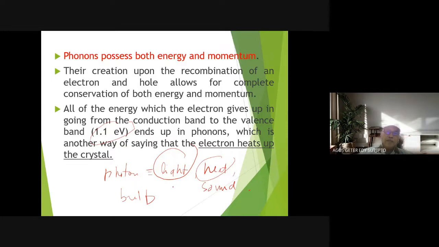But in the LED, light is the very dominant energy form of the photon emitted from the device, from the diode, or PN junction.